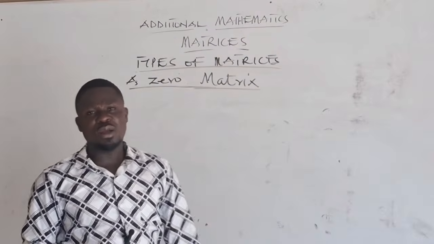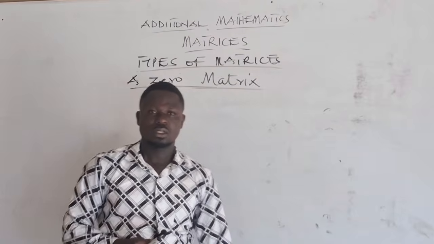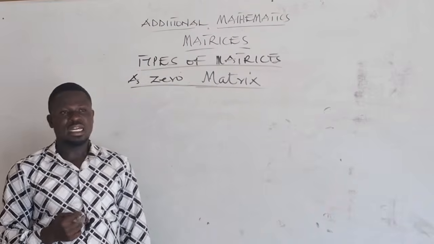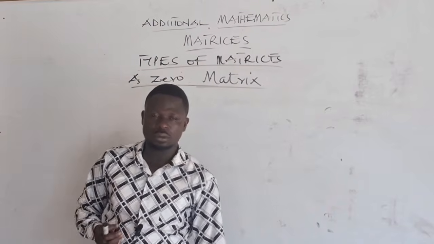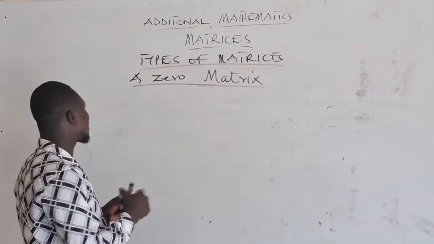The next type that we are going to look at is a zero matrix. When we say a zero matrix, what does it mean? A matrix is said to be zero if all its elements are zeros. So a typical example is this.